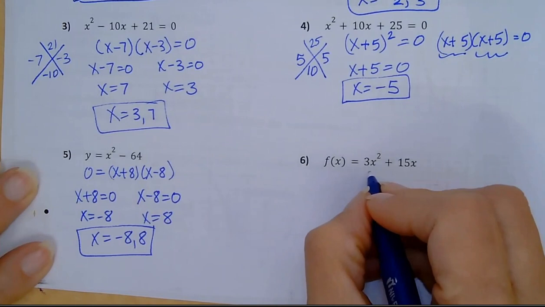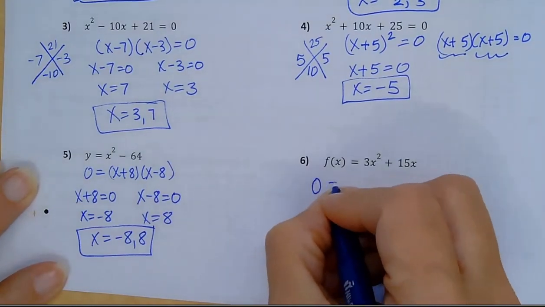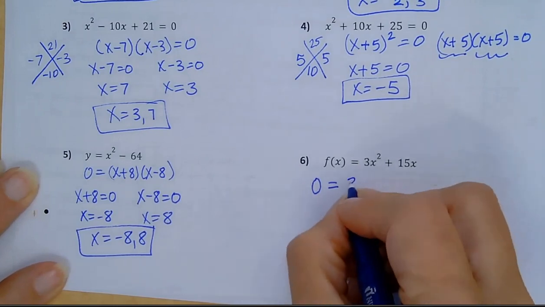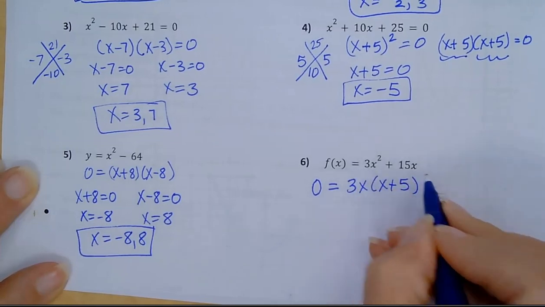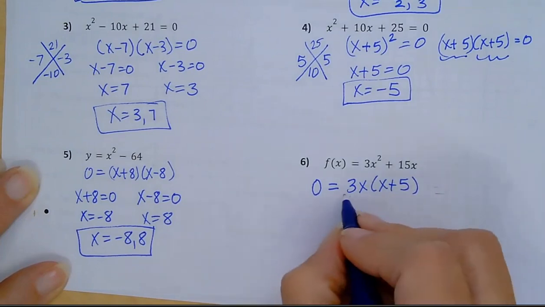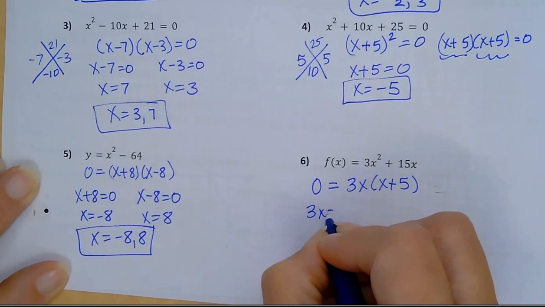And finally, f of x equals 3x squared plus 15x. Well, I'm going to say 0 equals, and I'm going to factor out what I can. Watch this. I'm going to pull out 3x, and I have x plus 5 left. Right? 3x pulled out. I have two factors. It's just that one's a monomial and one's a binomial. That's okay, because I know 3x equals 0.